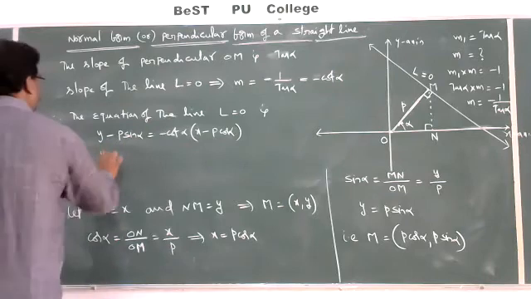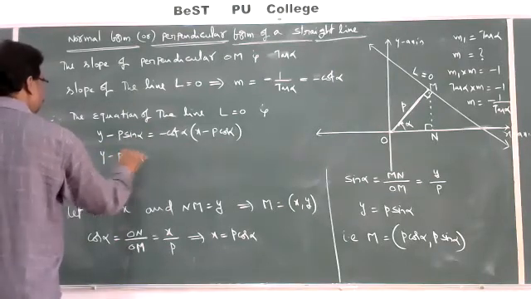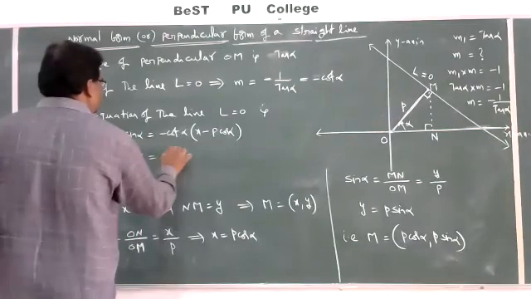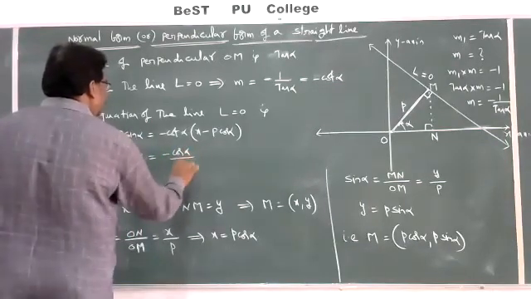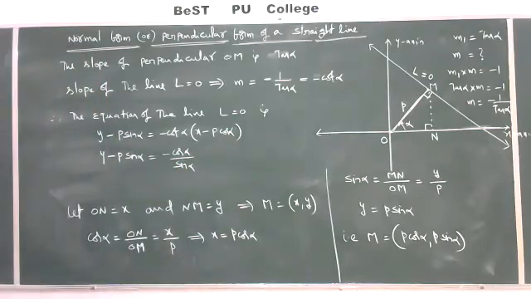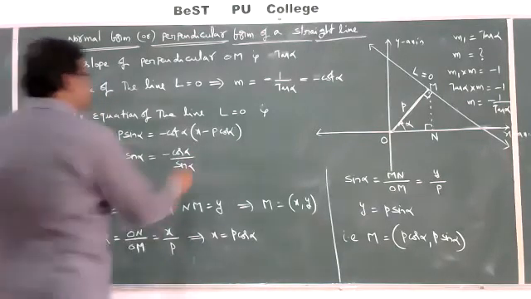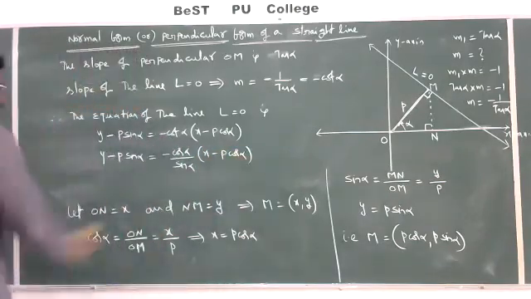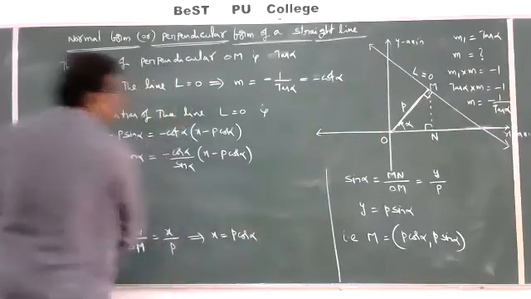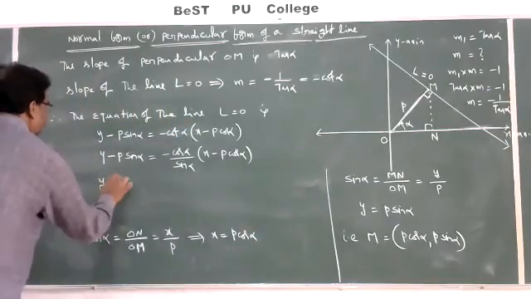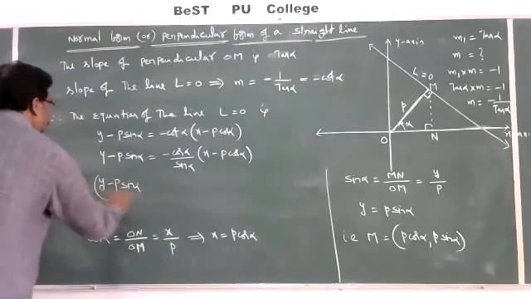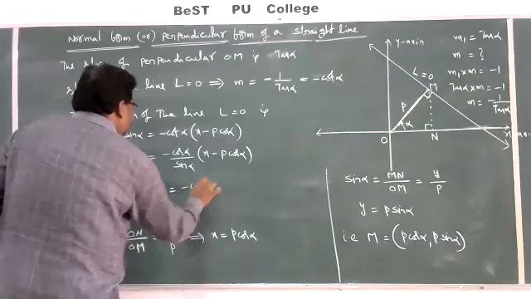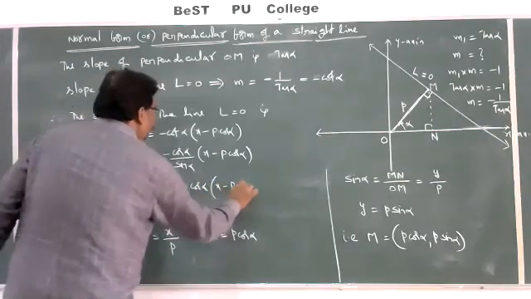Y minus p sin alpha is equal to, here minus cot alpha is minus cos alpha by sin alpha, since cot alpha is cos alpha by sin alpha, into x minus p cos alpha. Then cross multiplication: y minus p sin alpha into sin alpha is equal to minus cos alpha into x minus p cos alpha.